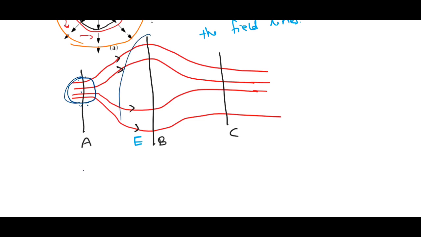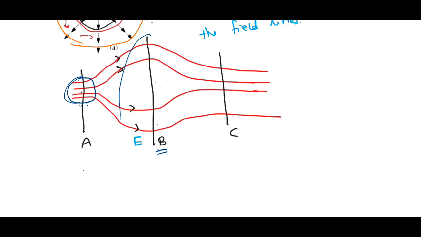If you compare the region B, if you consider the same area, the number of electric field lines is much smaller, or we can say here the electric field lines are relatively far apart, therefore the field is weaker.